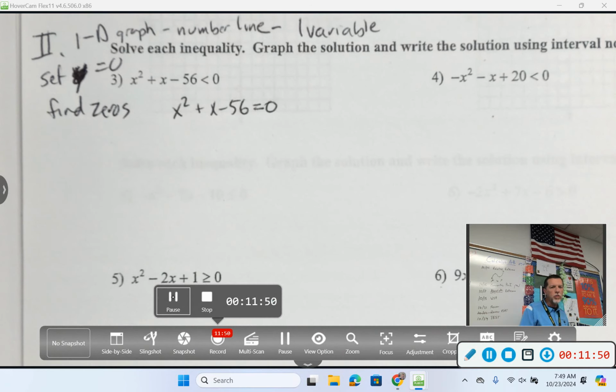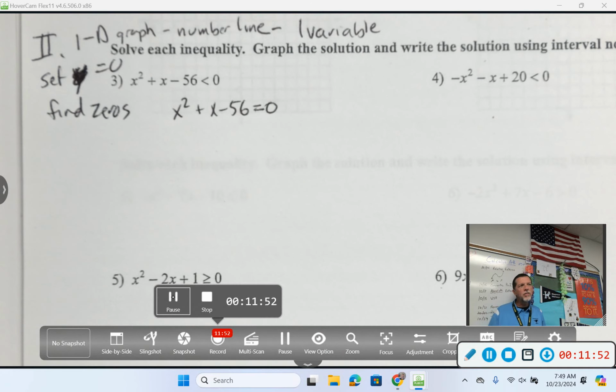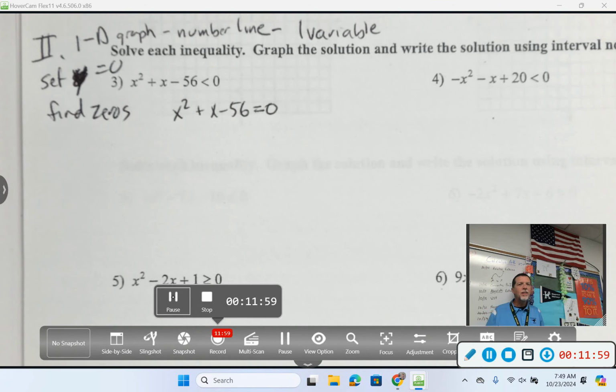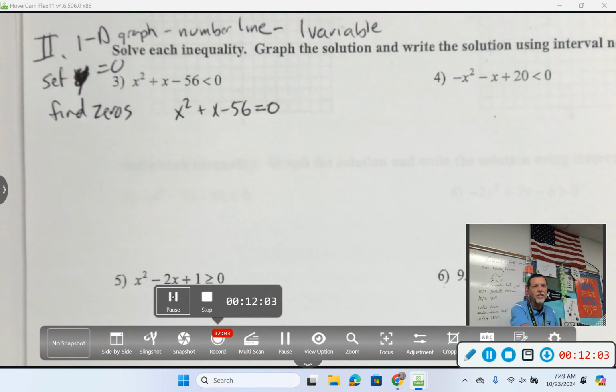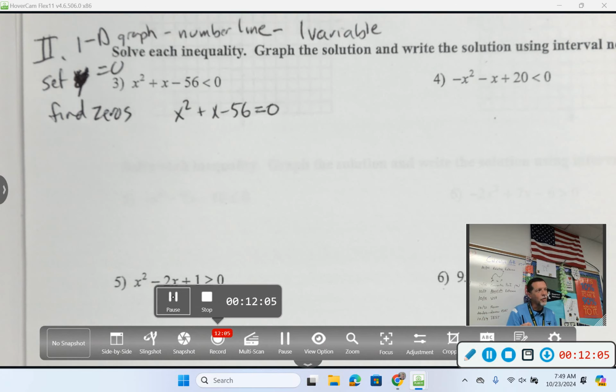You could use the quadratic formula, but most of these should be rigged that you don't need the quadratic formula, because the quadratic formula is going to give you fine answers for these. But if you have to use the quadratic formula, it means you're going to get ugly answers, which is going to make the rest of this problem really, really bad.